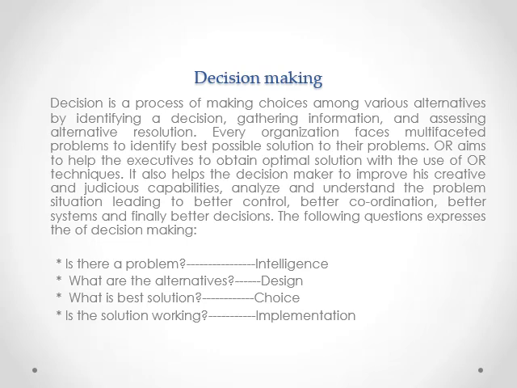The system of choice of the best alternatives using the criteria. What is the best solution? Choice. Is the solution working? Implementation. How to know that it is the best solution?